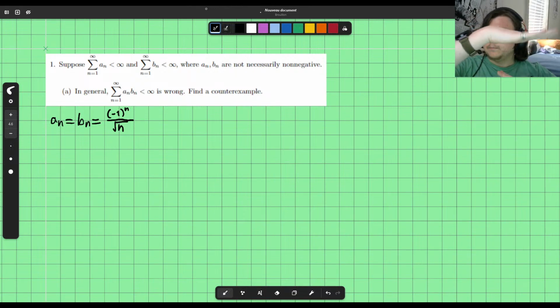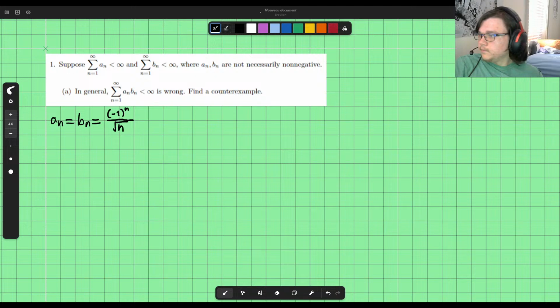For each positive term, you're getting a negative term that's about the same size. Overall, it sort of evens out, and so over time it goes towards 0. That's really all that you need. Whereas if you multiply them together, then that part cancels out, and you're just left with 1 over n, which is the harmonic series, which diverges. So there's my counterexample.